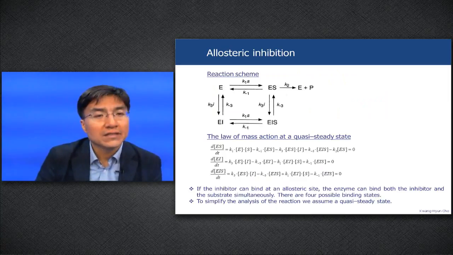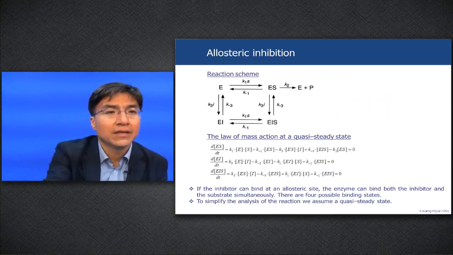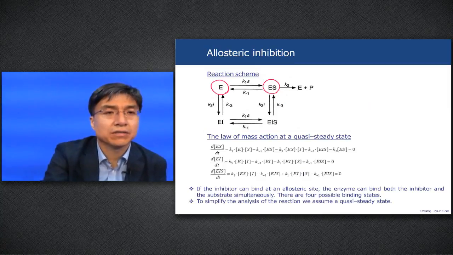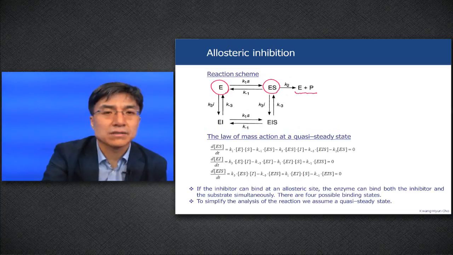Next, let's think of allosteric inhibition. It's again very similar to the previous one. The only difference here is, here we have an enzyme. Because it has 2 binding sites, normally it binds to the substrate. Without inhibitor binding, it produces product, and the enzyme returns to the original state.